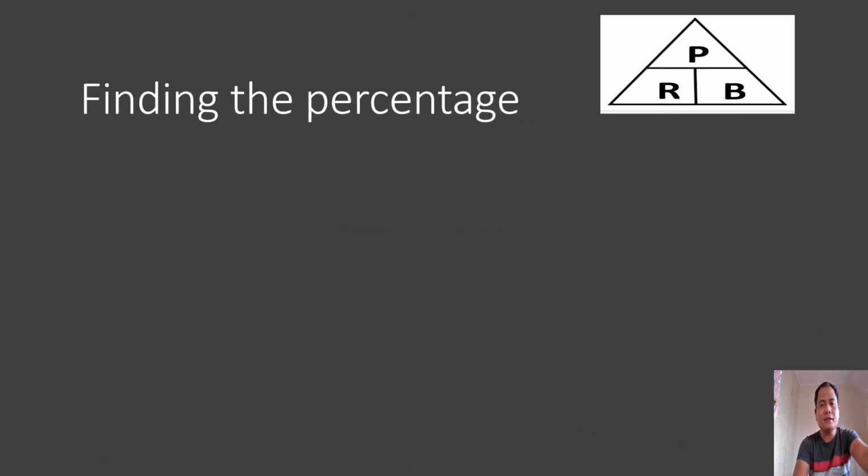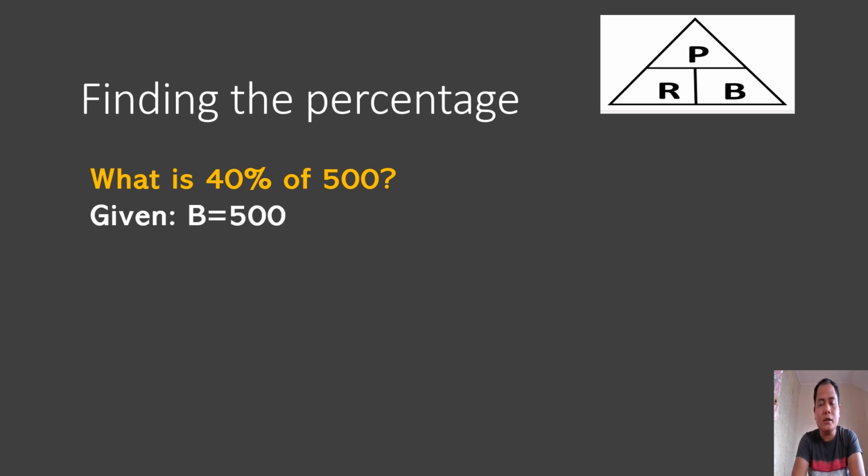Okay, let's try an example in finding the percentage. The given is, what is 40% of 500? Before we proceed, let's first find out the given numbers. We know that the base is 500 because it's associated with the word of, and the rate is 40% because it has a percent sign.